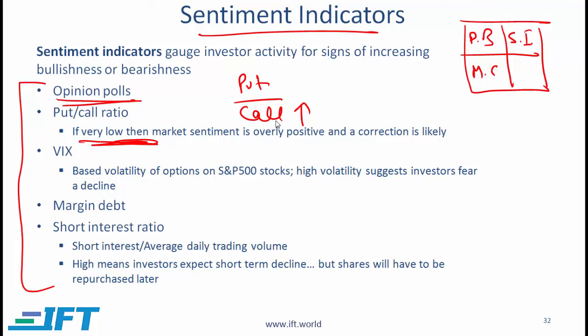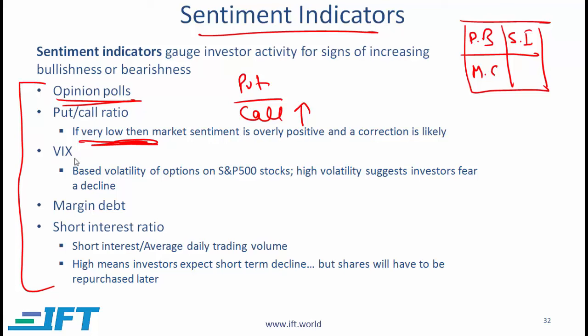Lots of people are expecting the stock to go up. When you have a situation like this, we are likely to have an overbought situation, and it is quite possible that a correction is imminent, and most investors, especially contrarian investors, would then take the opposite position, which would mean that they would sell.